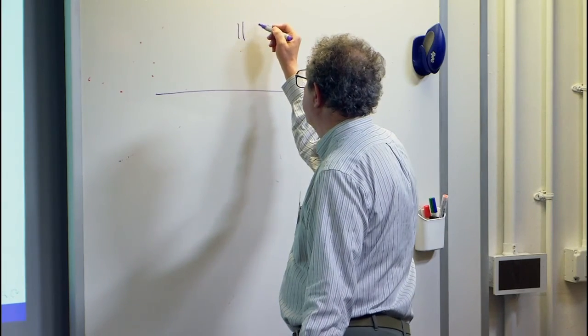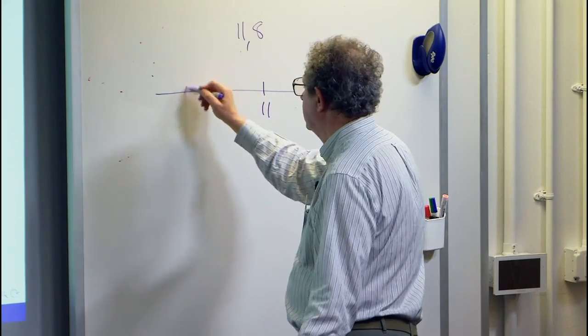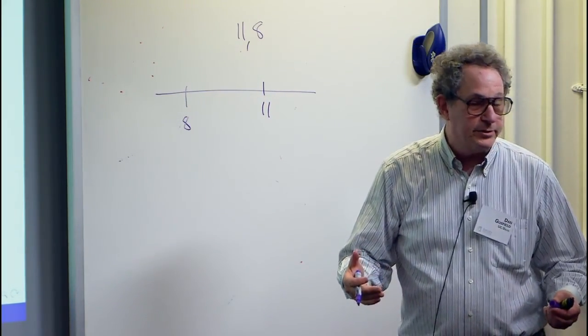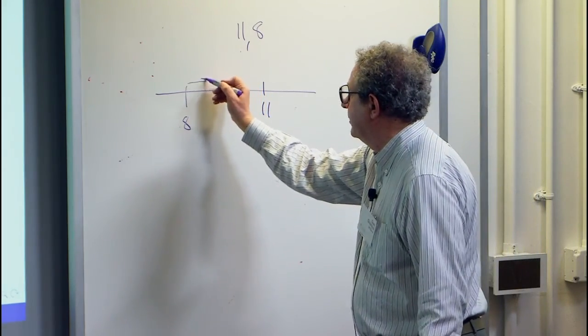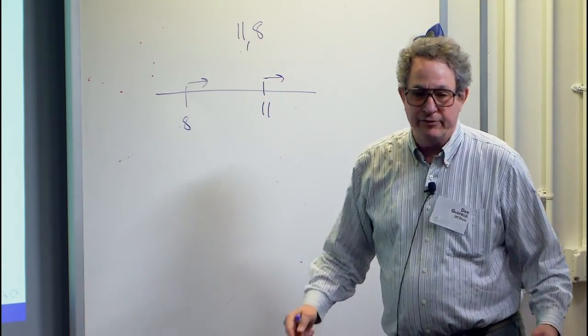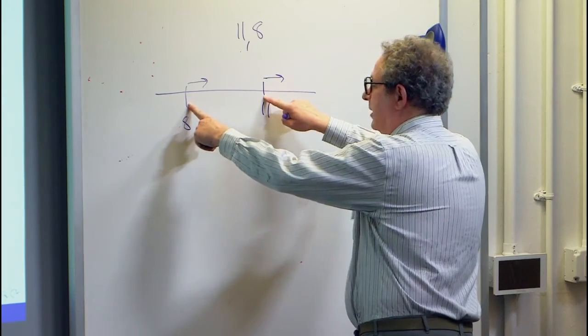Say I had 11 and 8. Here's position 11, here's position 8, and I want to know the length of the longest substring that begins at 8 and begins at 11 that are identical. Well, the obvious way to do that is with two fingers. You compare the character at 8 and 11.